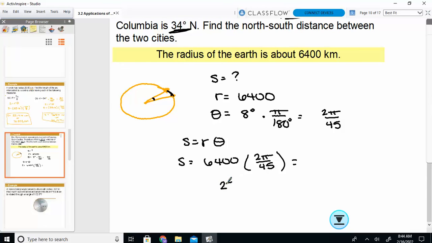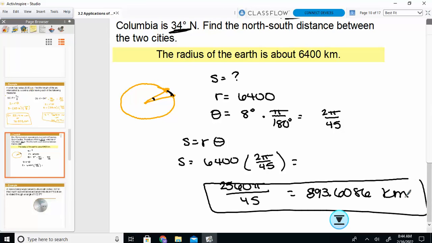So different ways you could write this if you don't multiply out your pi, or if you do. And this time we were in kilometers.